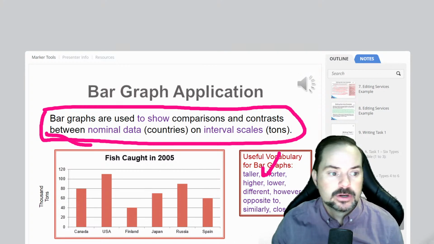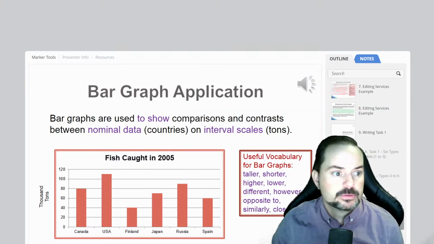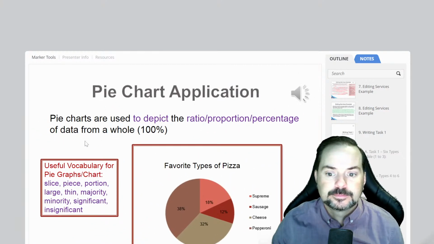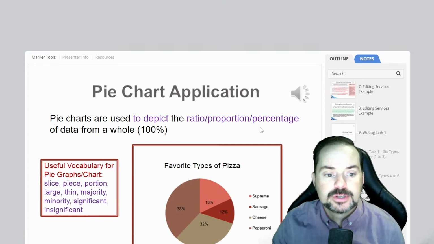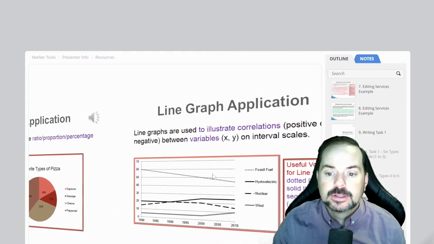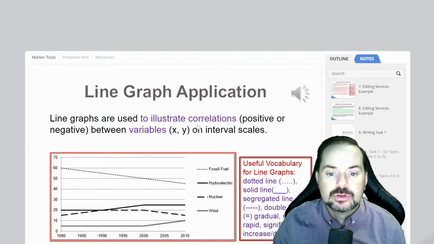And then here, let me jump to it right now. You can see here, pie charts are used to depict the ratio, proportion, or percentage of data from a whole, all right? Line graphs are used to illustrate correlations, positive or negative, on interval scales, okay?